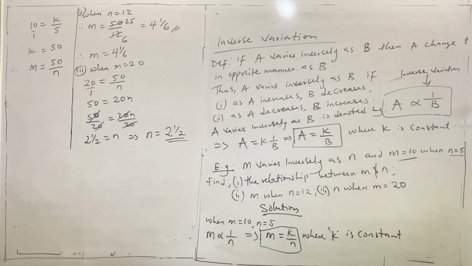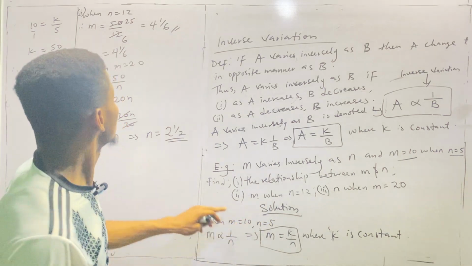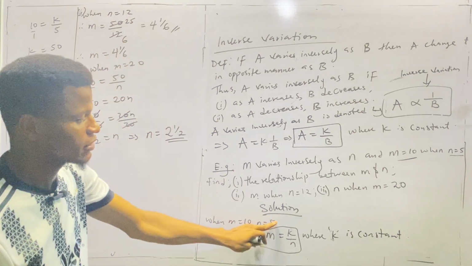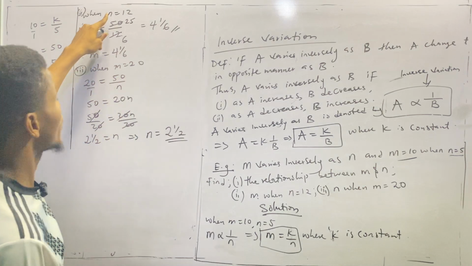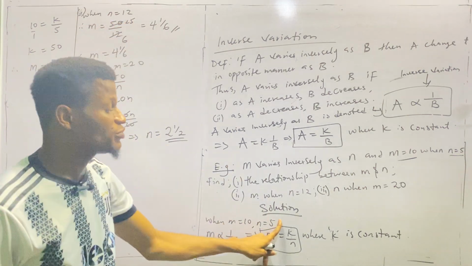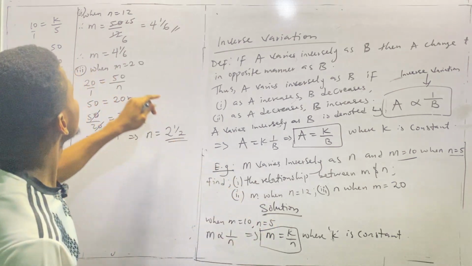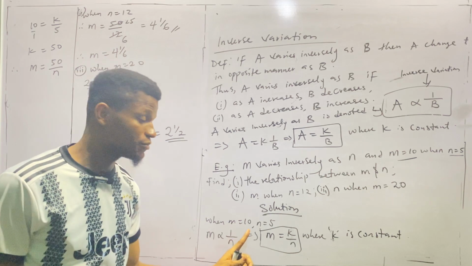Notice in this inverse variation, when n is 5, m is 10. When n is 12, which is bigger than 5, then m is 4 1 over 6, which is smaller than 10.